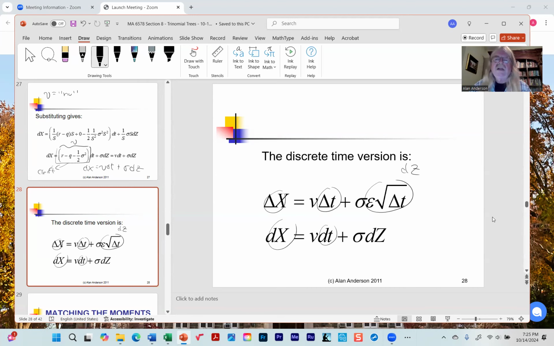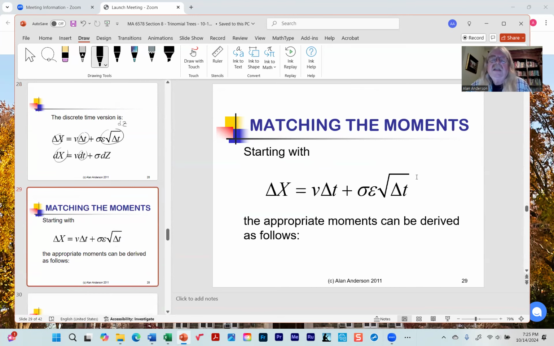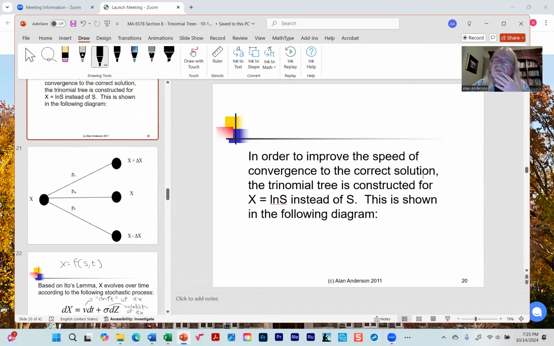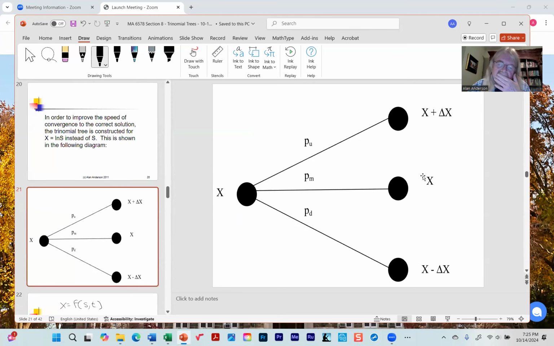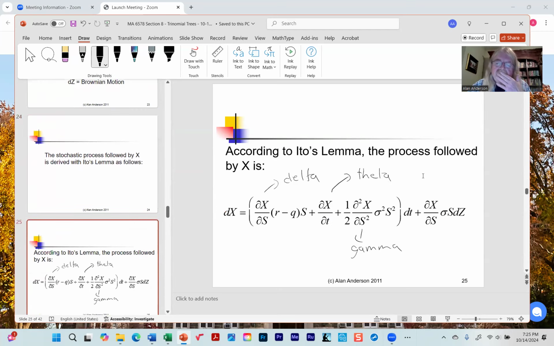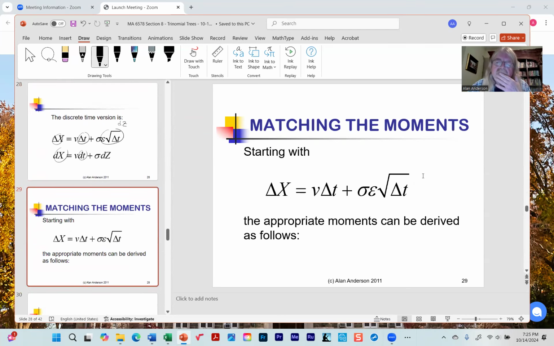All right, so now, with all that being said, this is what they're going to do. They're going to say, listen, the tree needs to replicate this model. This is the log normal version of Black-Scholes. So how do we come up with 3 probabilities for our tree? Well, that means we have to solve 3 simultaneous equations. How do we do that?